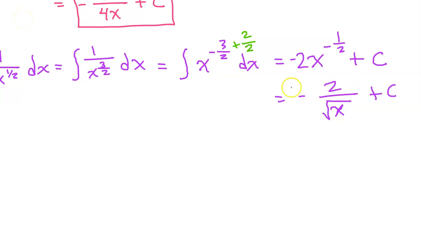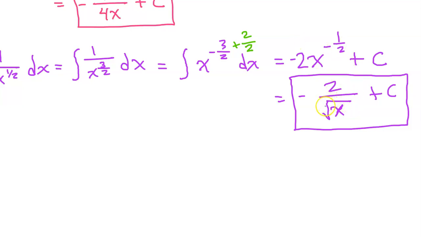Let me add one additional statement there in terms of how much you need to simplify. If you're doing free response, and we're all trying to prepare for the AP exam, you can leave it the way I had it at first, or you can write it like this, or you could put it with the 1/2 power down here.